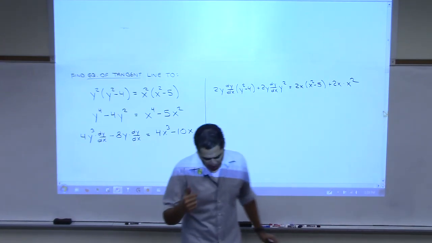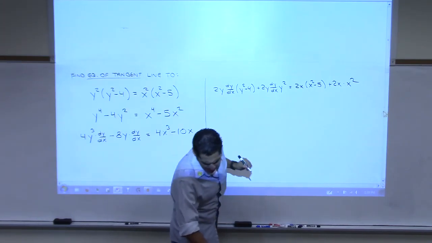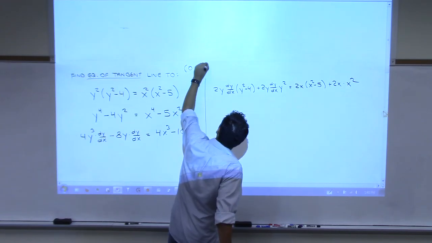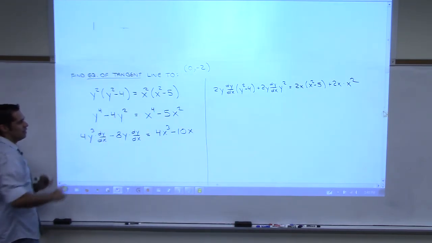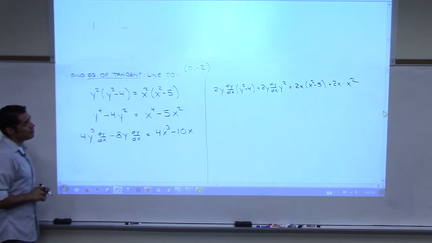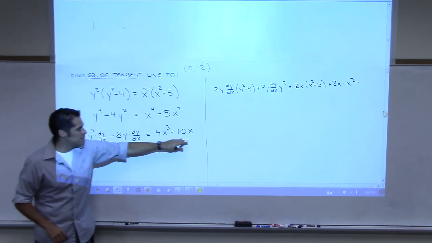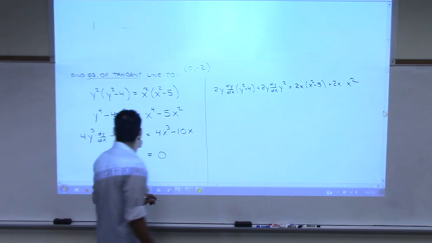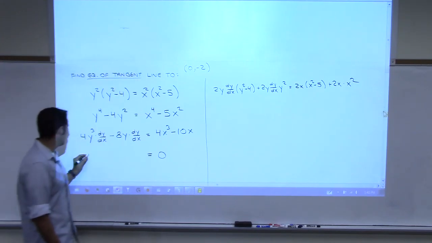Now let's find the equation of the tangent line at the point 0, negative 2. I'm going to use this one; I think it's a little easier to plug in here. So I'm going to plug in 0 for x and negative 2 for y. If I plug in 0 for x, it's gone. That's great. Everything's gone over there. And negative 2 for y: negative 2 cubed is negative 8, times 4 is negative 32.